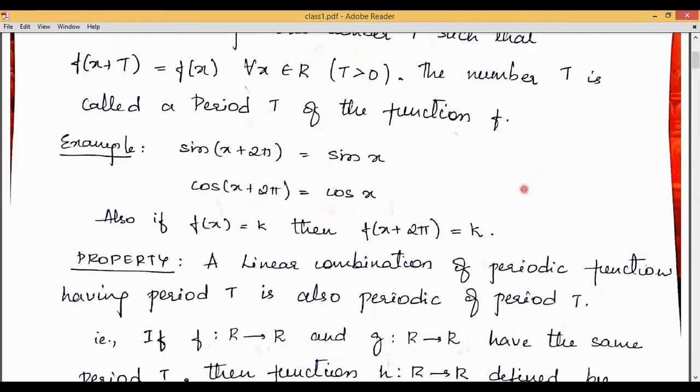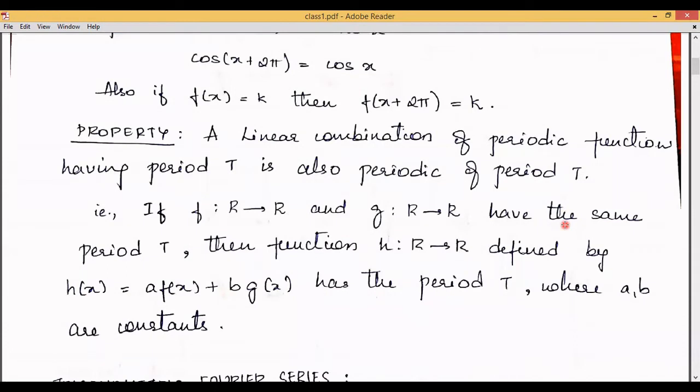After 2 pi, again the curve goes up and down, and again that interval will be 4 pi. So at every interval of 2 pi, the graph repeats. This type of function is called a periodic function, and for sine, the period is 2 pi.